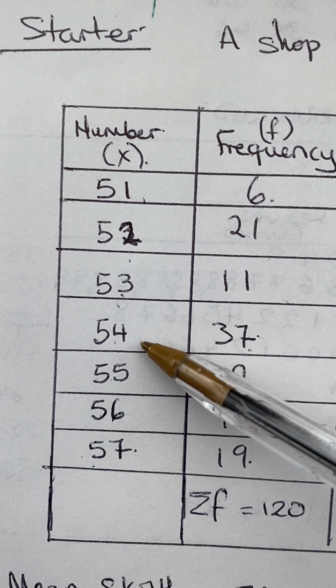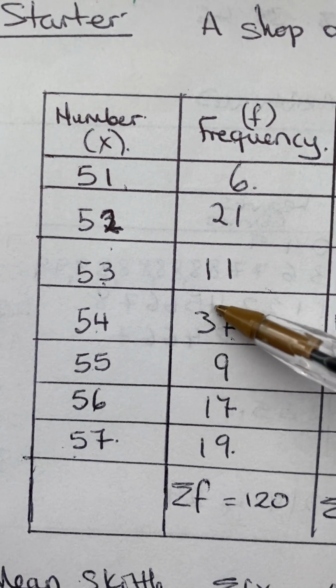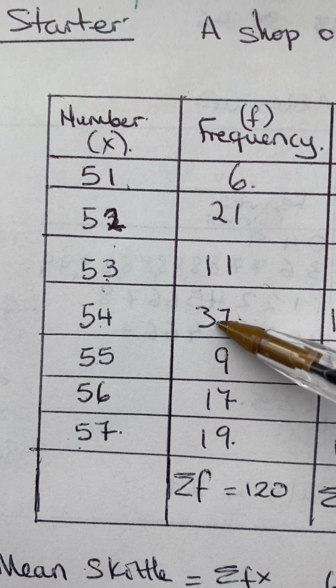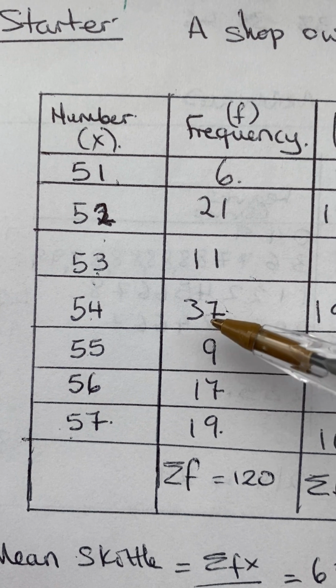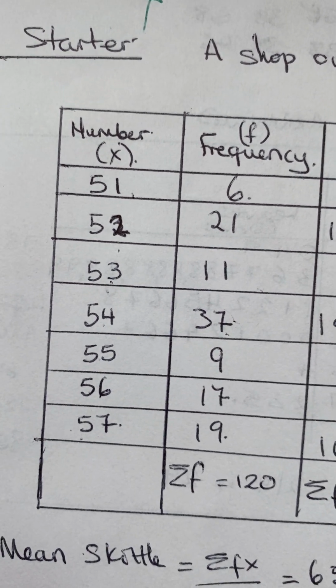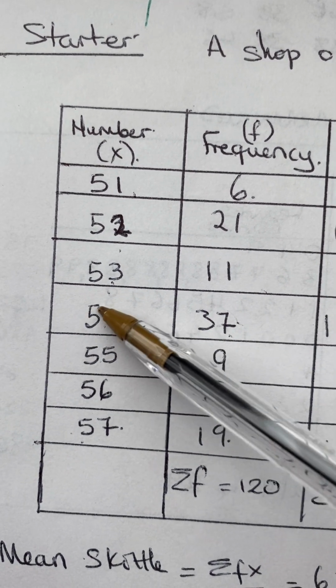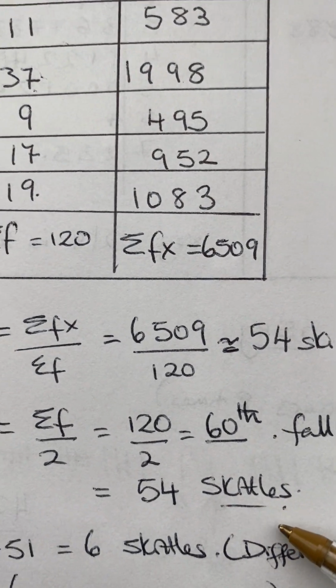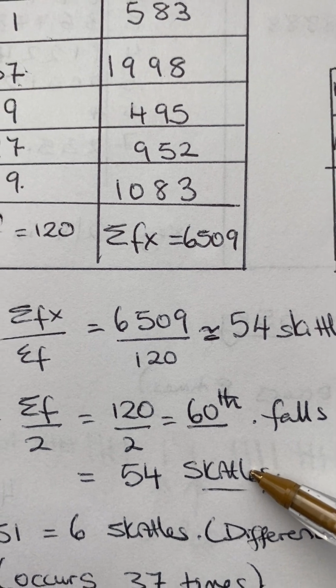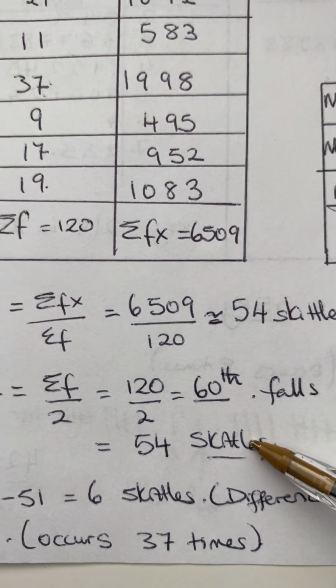But you know that in this group, all of them are 54. So whether you add them together and divide by 2, you will still get the same number. So this will be your median skittle. So your median skittle will be 54 skittles. I hope I'm clear on that.